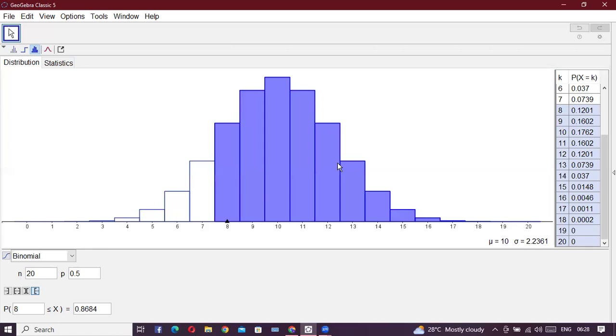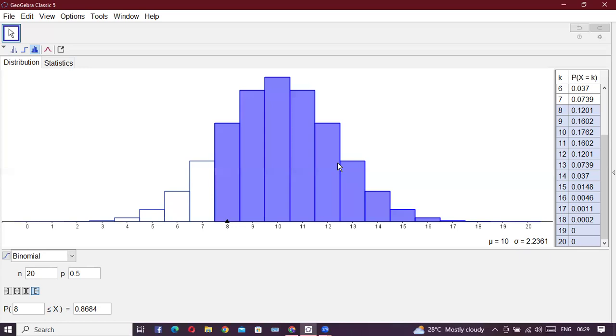It is a discrete probability distribution that describes the number of successes in a fixed number of independent trials. Each trial has only two possible outcomes, success and failure. So there is a fixed number of trials and a binary outcome.